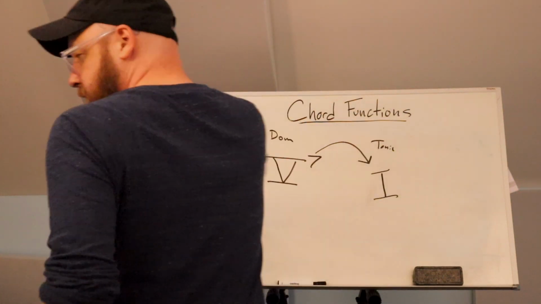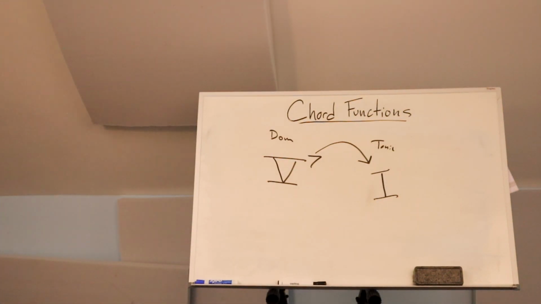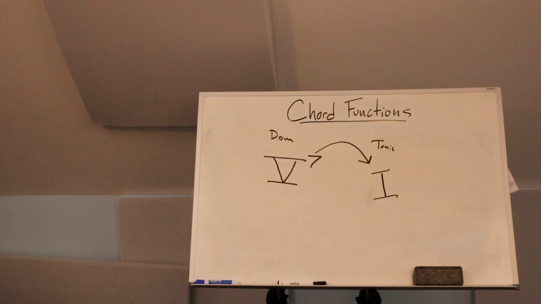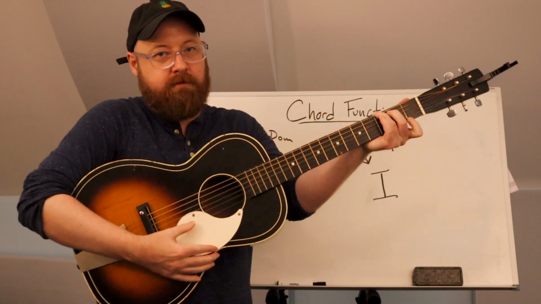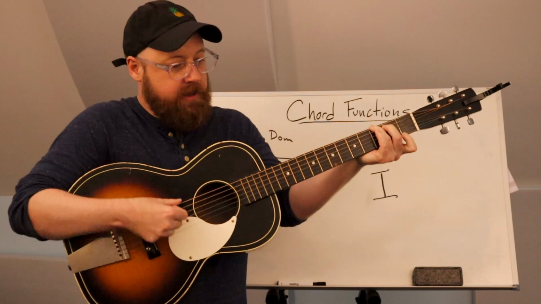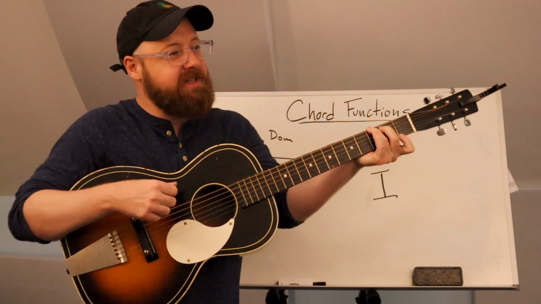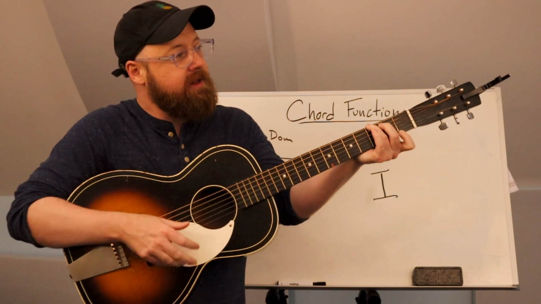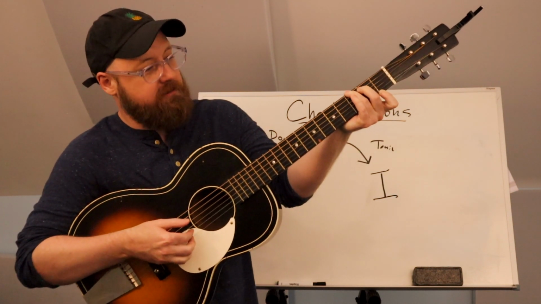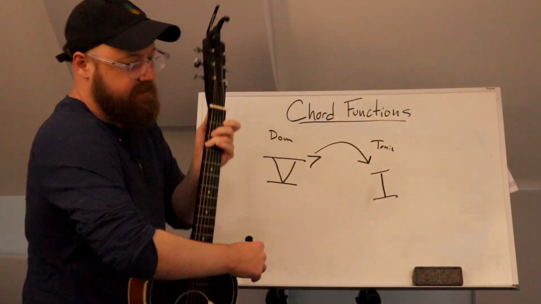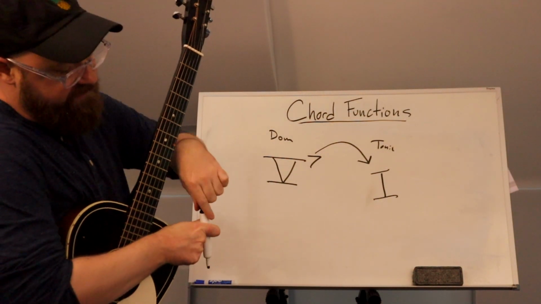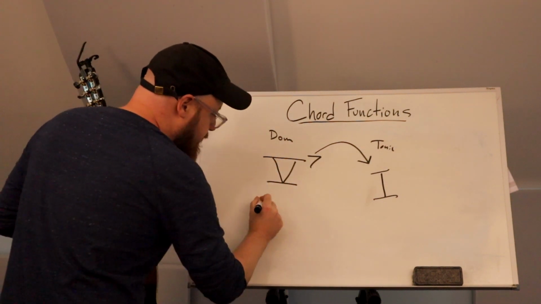Let me just play you an example of that. Here we go. So check it out. Here's G7. Now, we have this really strong pull, especially because of this tritone that exists in this 5 chord, right? This is between the B and the F, since we're in the key of C, right?